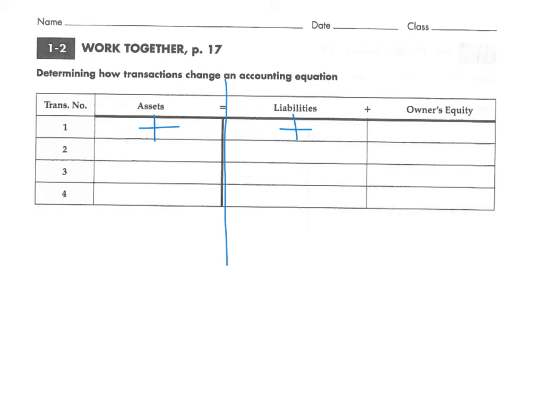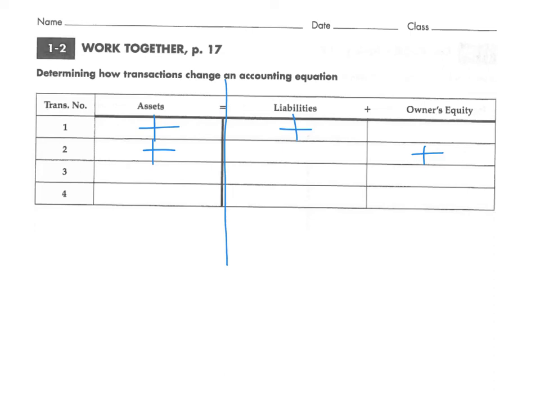Okay, next transaction. Received cash from owner as an investment. So if I receive cash, that means my cash is increasing. So my assets would be increasing and my owner's equity would be increasing as well, since that is an investment. If I increase one side of the equation, I have to increase the other side.